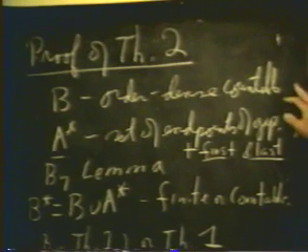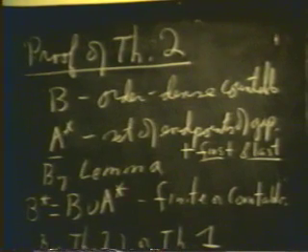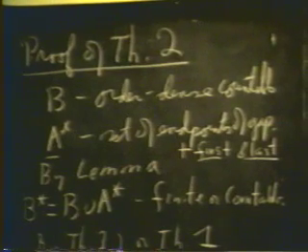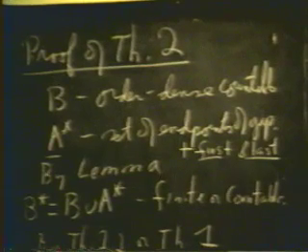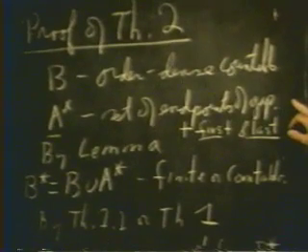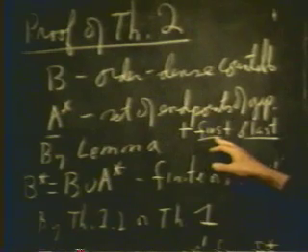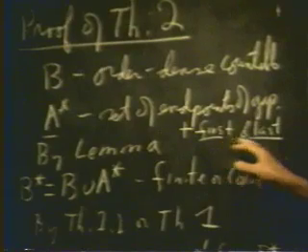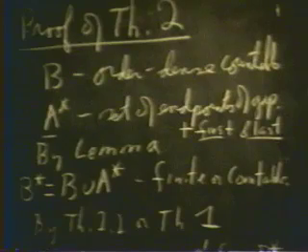As usual, let B be the order dense countable subset of A that we're assuming in the hypothesis of the theorem, that is in part 1. Secondly, let A starred be the set of endpoints of gaps. And we'll include, if the ordering happens to have it, the first or last elements. Of course, it's not necessary, and there may not be first and last elements, but if they are in the ordering, include them in A starred.